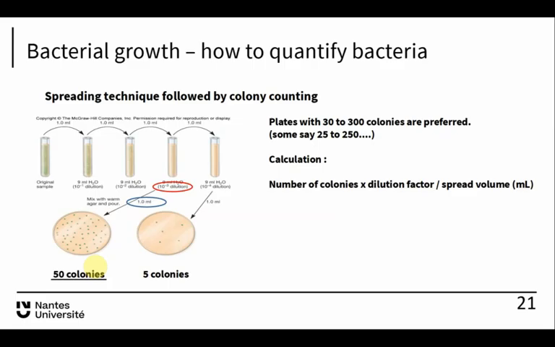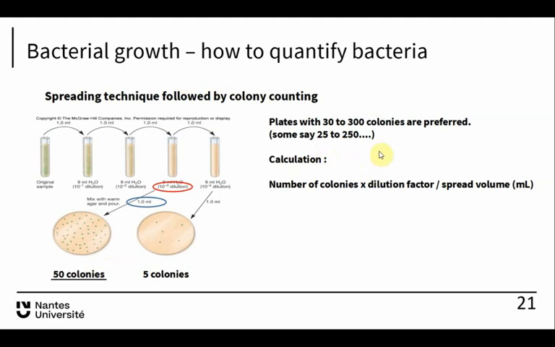Whereas plates with fewer than 25 colonies are statistically not very reliable. If you did a whole series of them, sometimes you could get 10, sometimes you could get 15. There's a lot of variability in the measurement. So that's why people say something between 25 and 250 is the best.